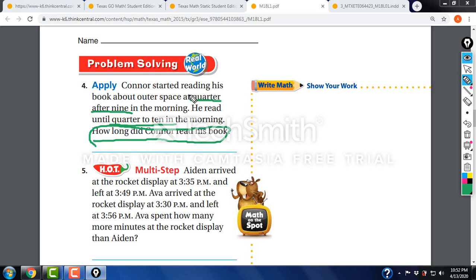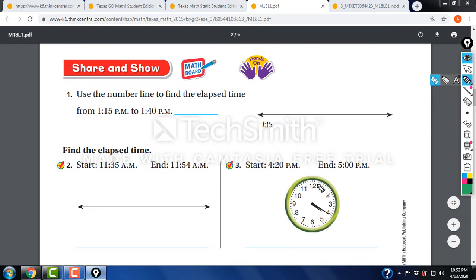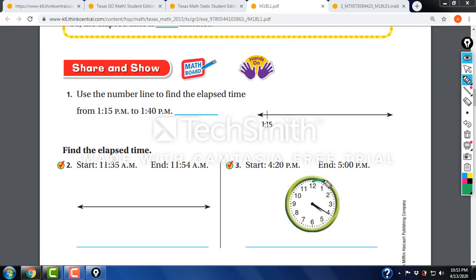The key right here is learning what a quarter after and a quarter till are. Okay, 9:15 and a quarter until 10. And if you look at your analog clock, I'm going to show you real quick. Let's forget these hands right here, so that you'll know from now on. From here to the 3, that's a quarter after. This is a quarter after, right here, because your clock is divided into quarters.